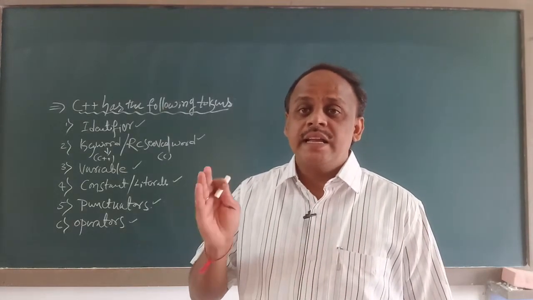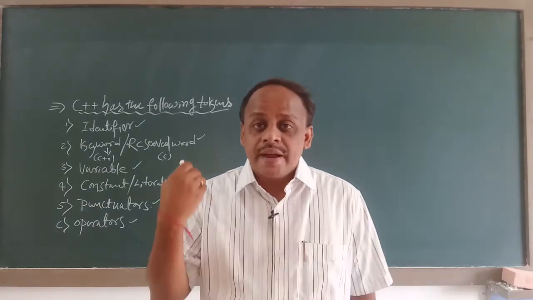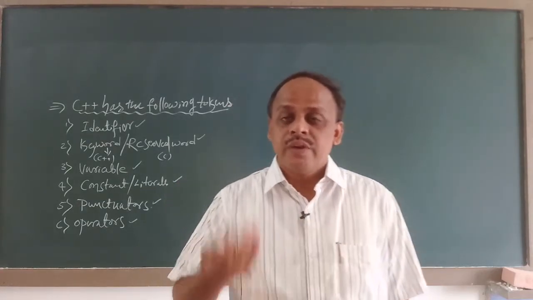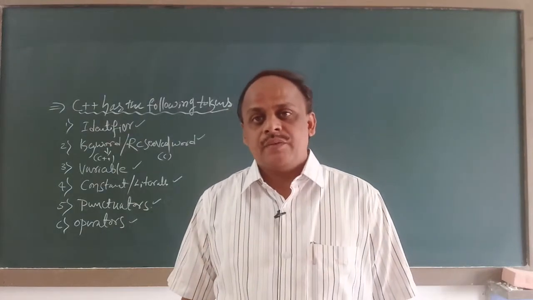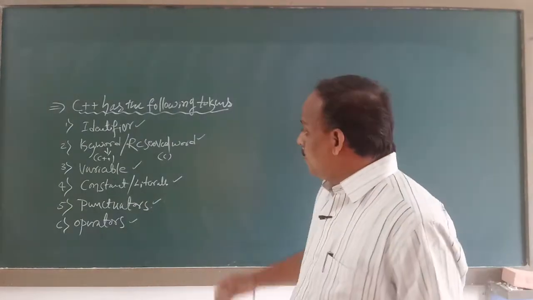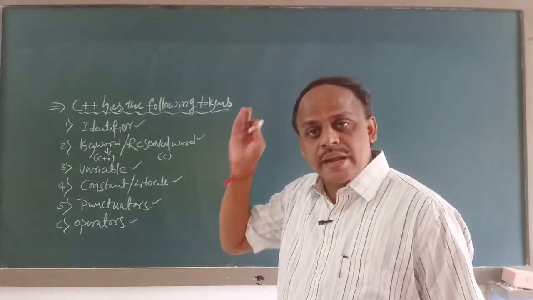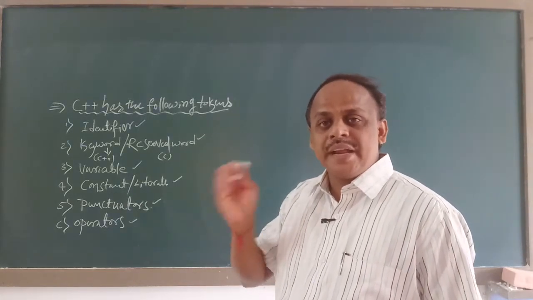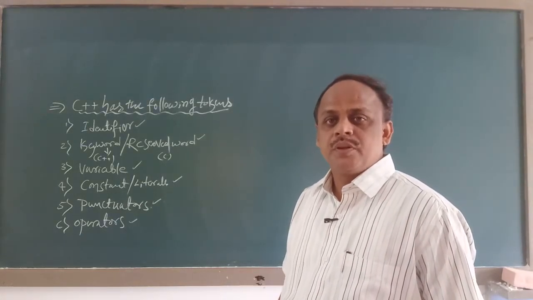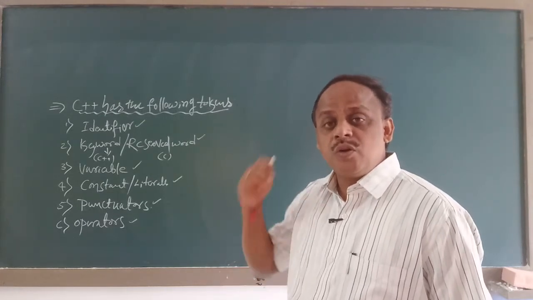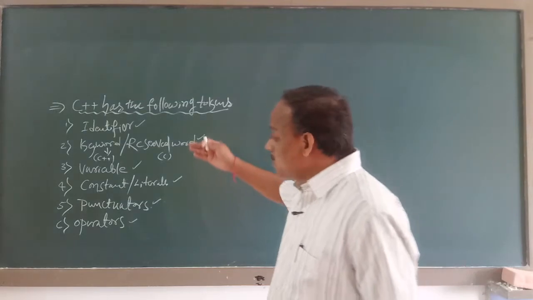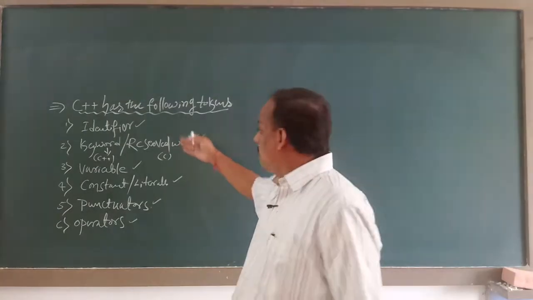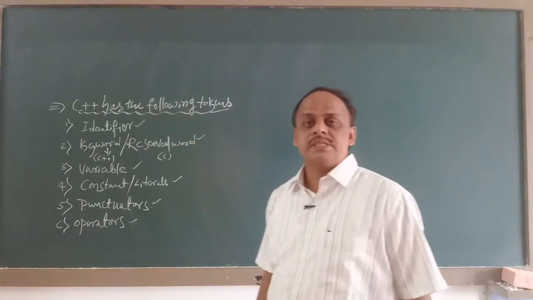Why are we learning C++? To write C++ programs. Whenever we write a program, it needs some basic elements. Without those elements, the program is not going to be complete. Therefore, those basic elements are called tokens of C++.